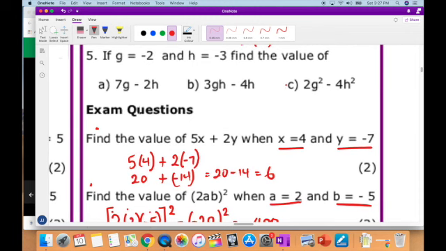And try this one. G is negative 2. H is negative 3. Two in brackets, negative 2 squared, minus 4, and in brackets, minus 3 squared.